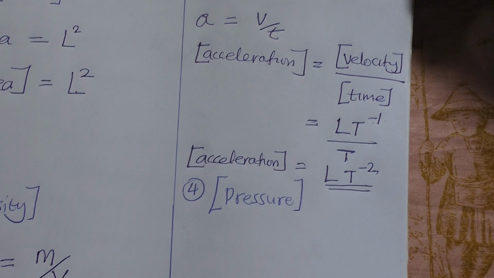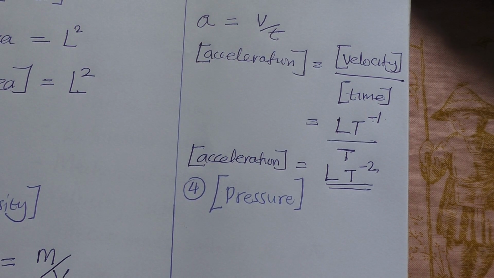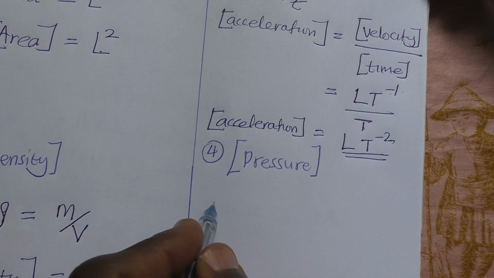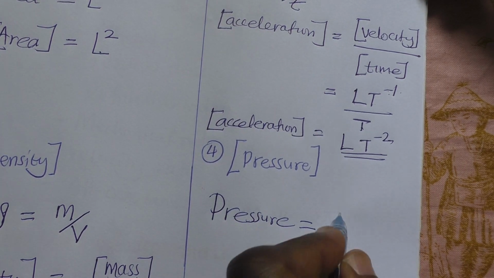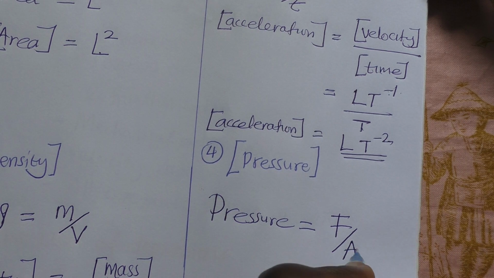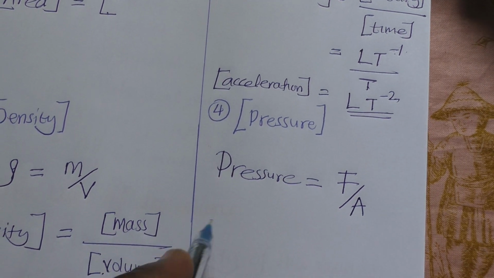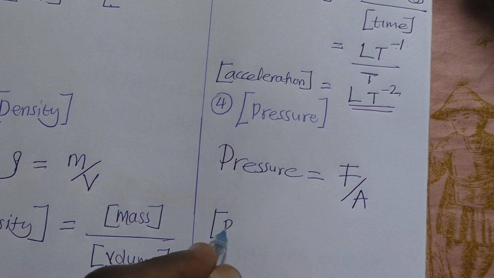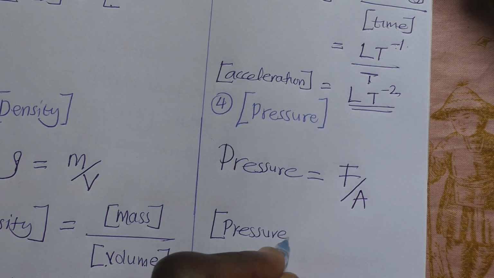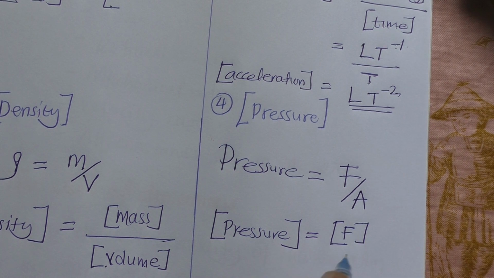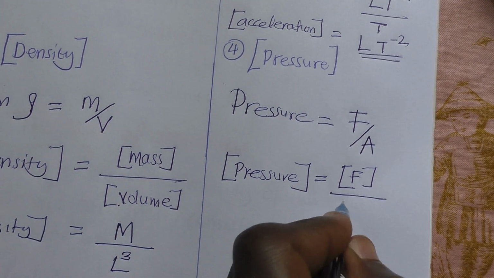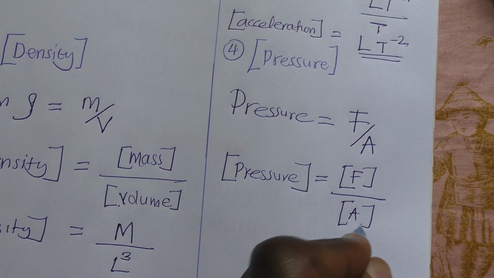And lastly, let us look at the dimensions of pressure. From the definition of pressure, which is force over area, that means that the dimensions of pressure will be given by dimensions of force over dimensions of area.